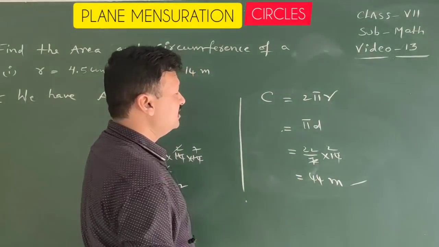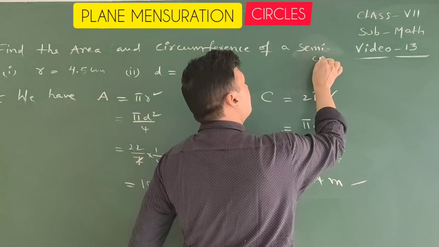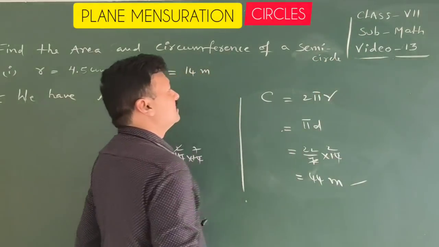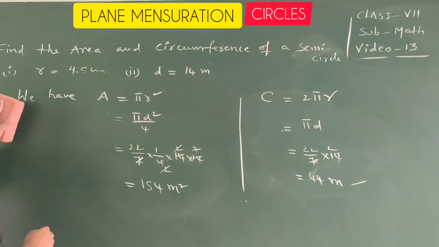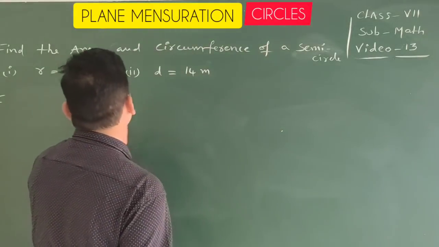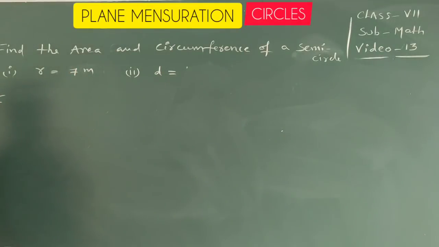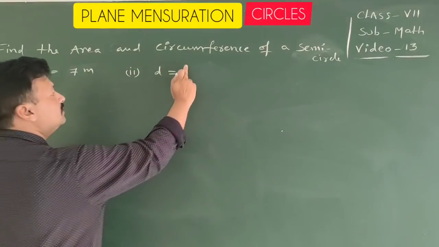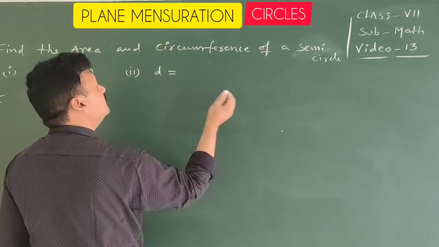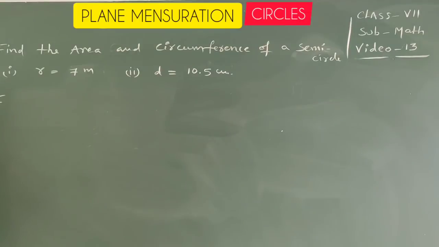Circumference of a semicircle when r equals 7 meters and d equals 10.5 centimeters are given. How to find the area and the circumference of a semicircle?